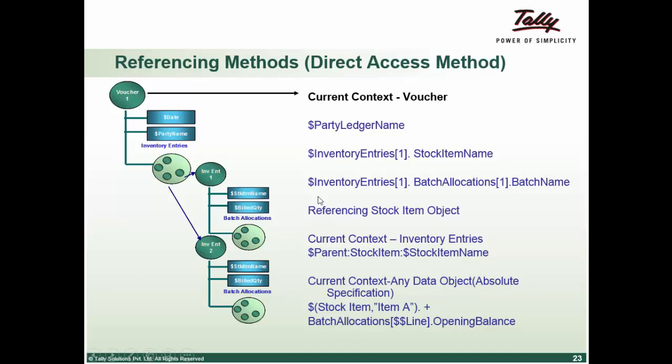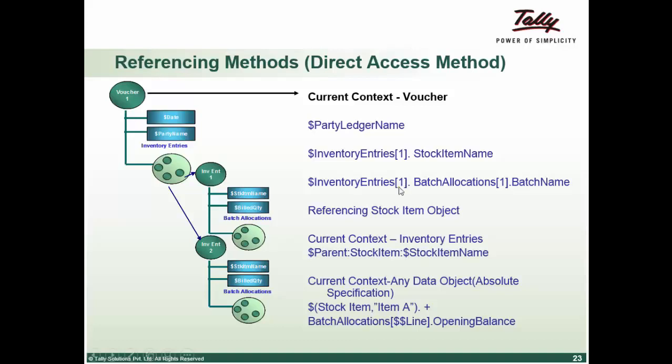Now when I say dollar, need batch name. Where is the batch name? Is it available in voucher? No. It is available at batch allocations. Which batch allocation? The first batch allocation. Is batch allocation directly under voucher? No, it is under inventory entries. Which inventory entry?